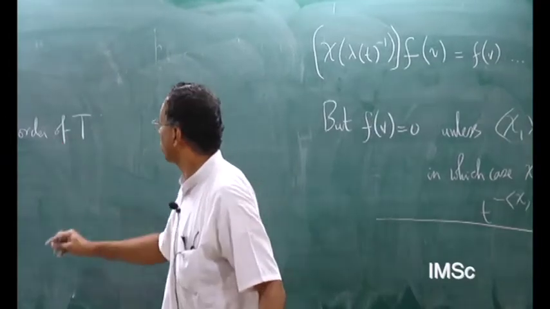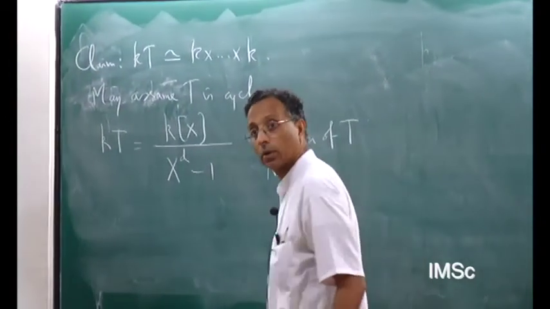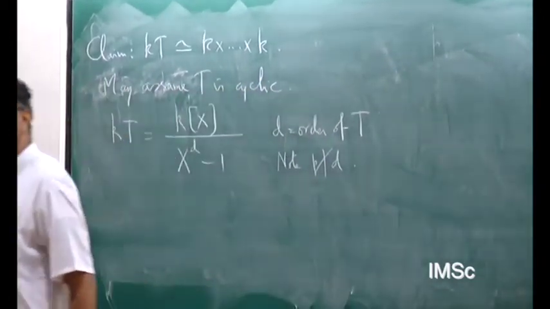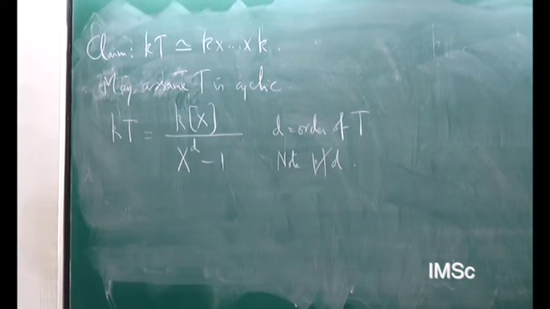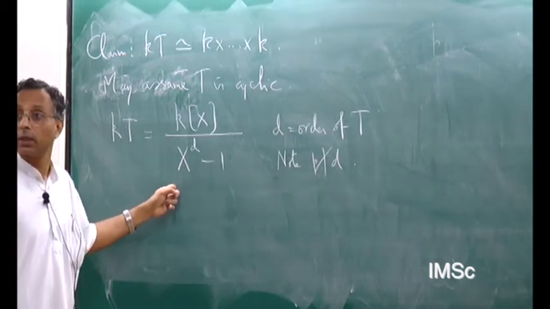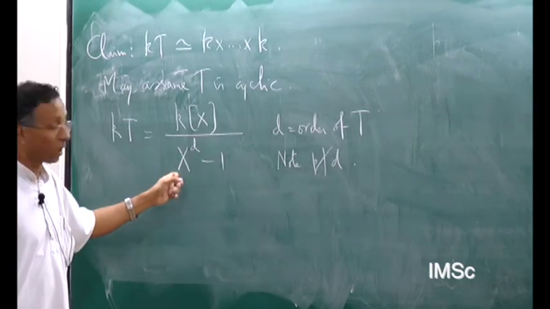And D is the order of T. Note P does not divide D. Therefore, this X^D minus 1 has distinct roots, because if you wish, the derivative of this and it are coprime exactly.